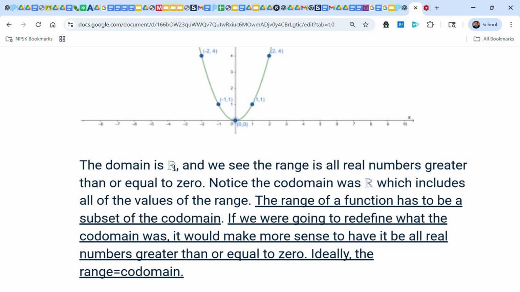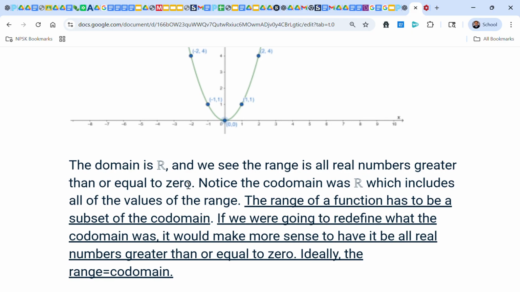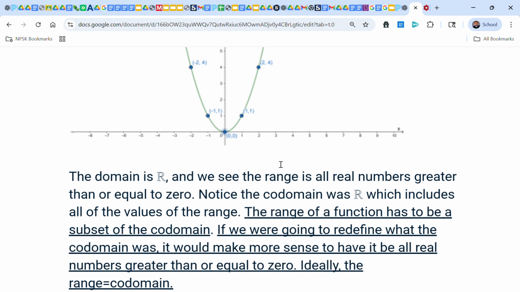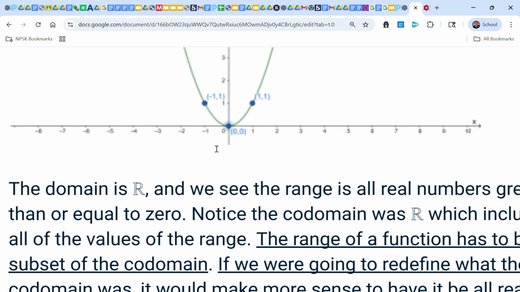So the domain is all real numbers, and we see that the range is all real numbers greater than or equal to 0. The range is all of the values that are the y-coordinates. Let's look at this value right here. My y-coordinate is 0, right? It includes 0. It also includes 1.